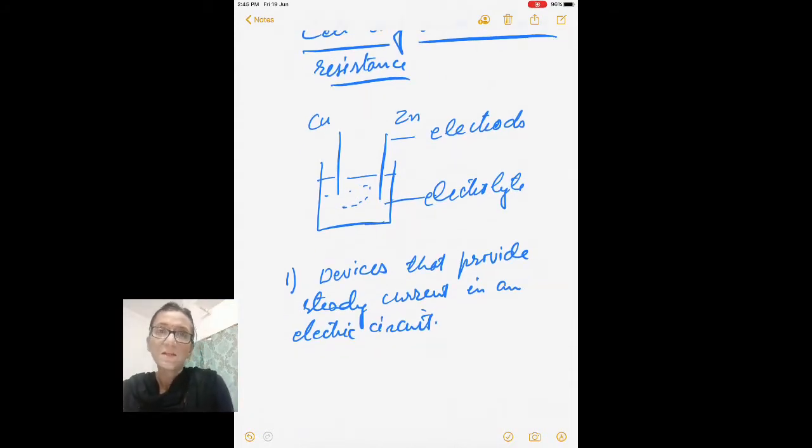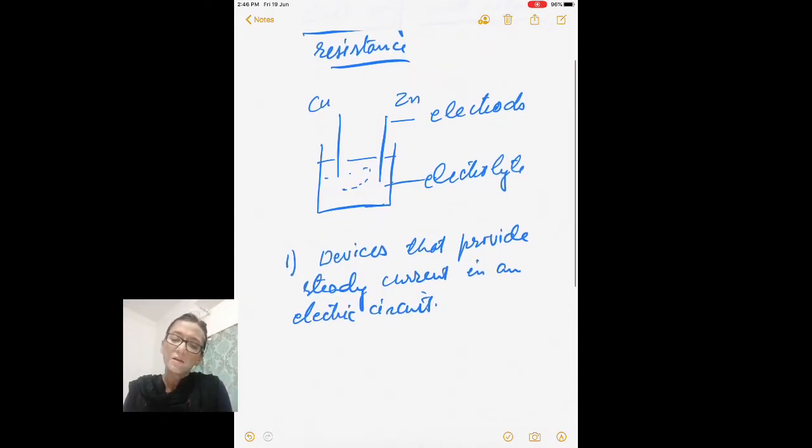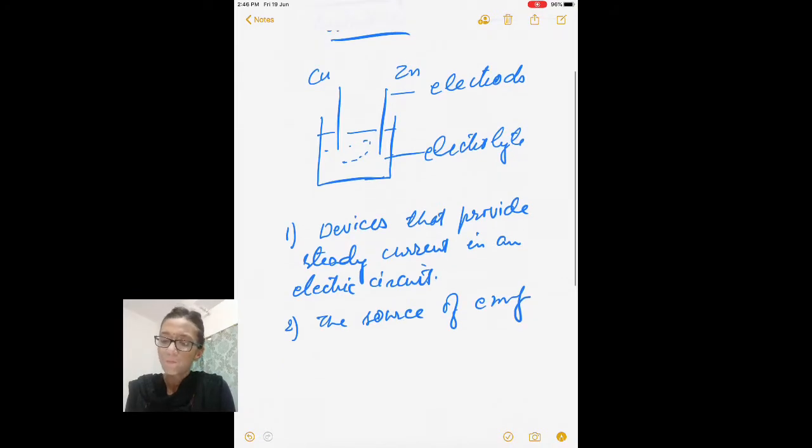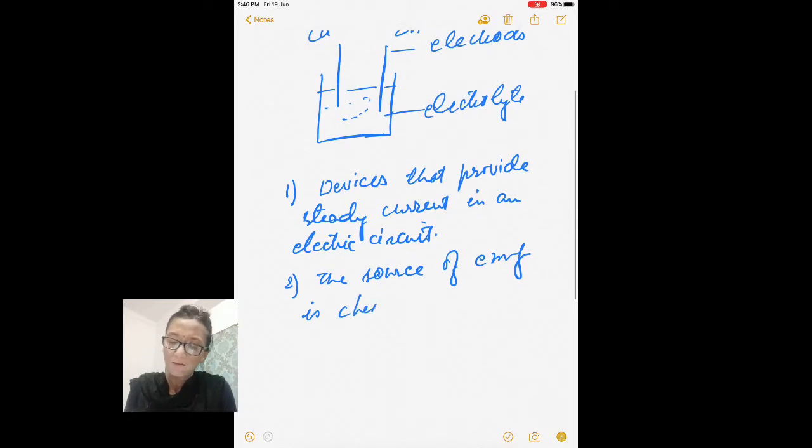Now, steady current can be provided by so many other devices. We know the generator. In a generator, the source of EMF is mechanical energy. But in cells, the source of EMF is chemical energy stored in the electrolyte.